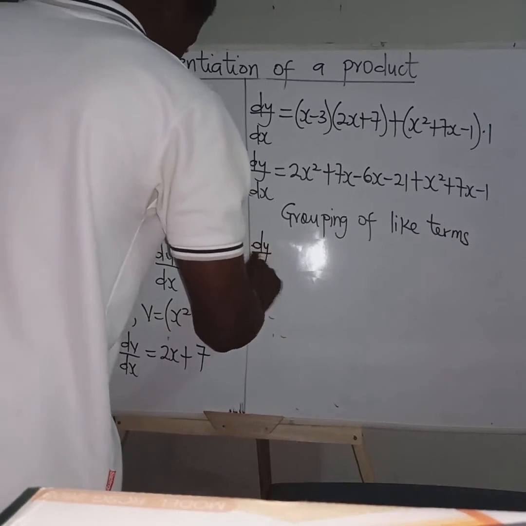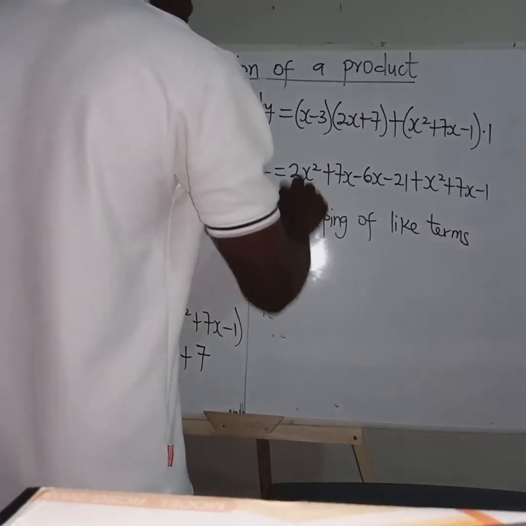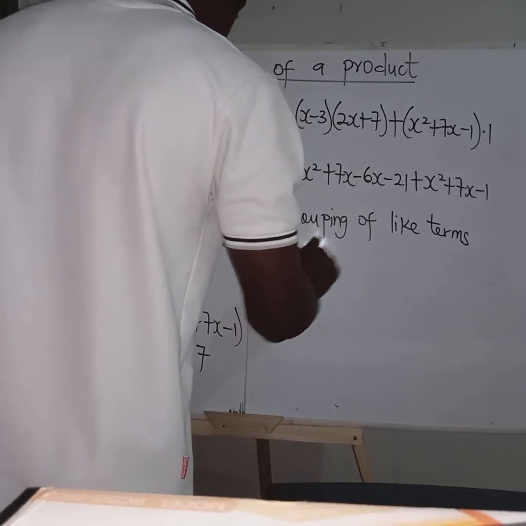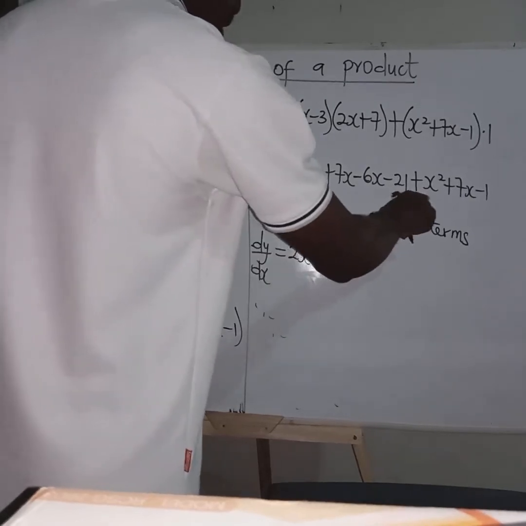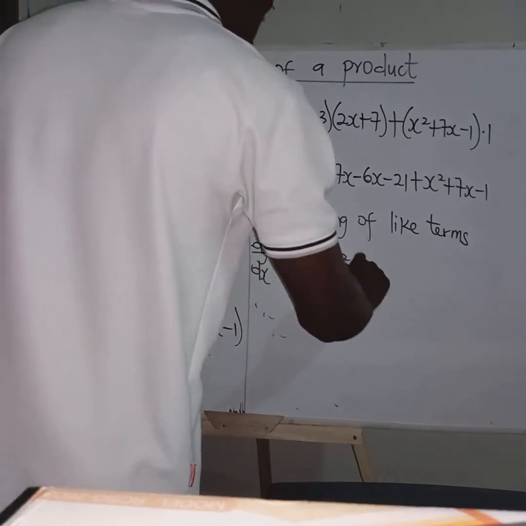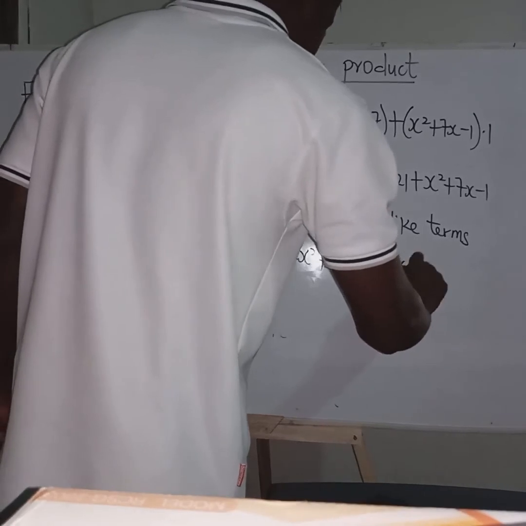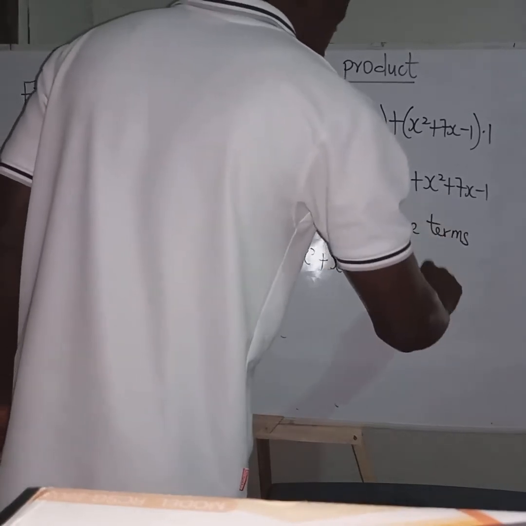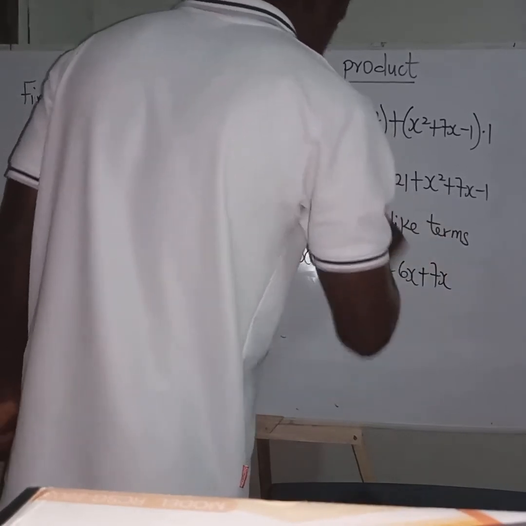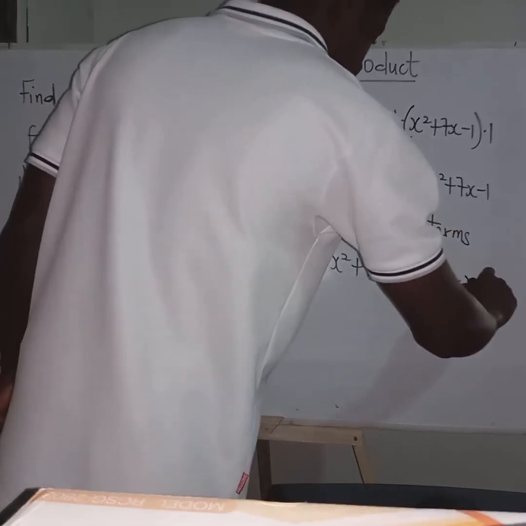dy over dx will be equal to 2x squared plus x squared plus 7x minus 6x plus 7x minus 21 minus 1.